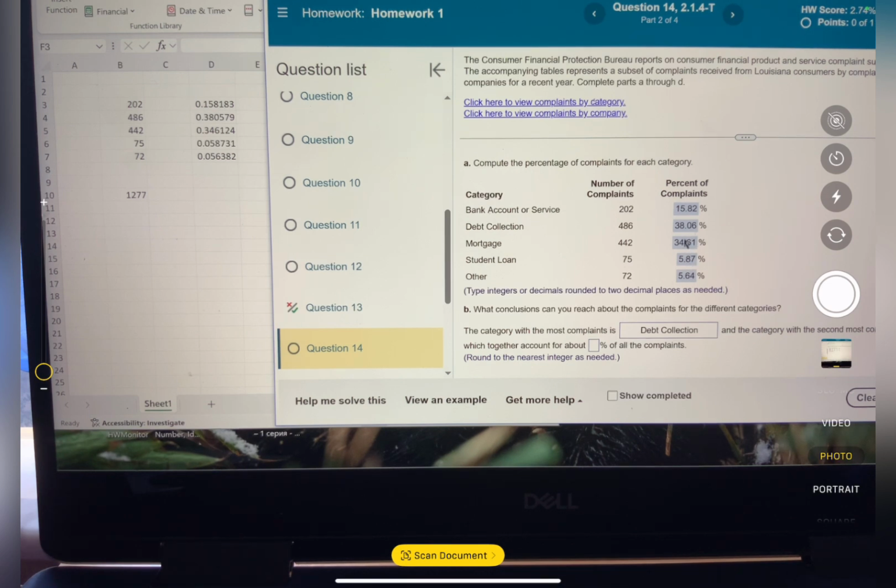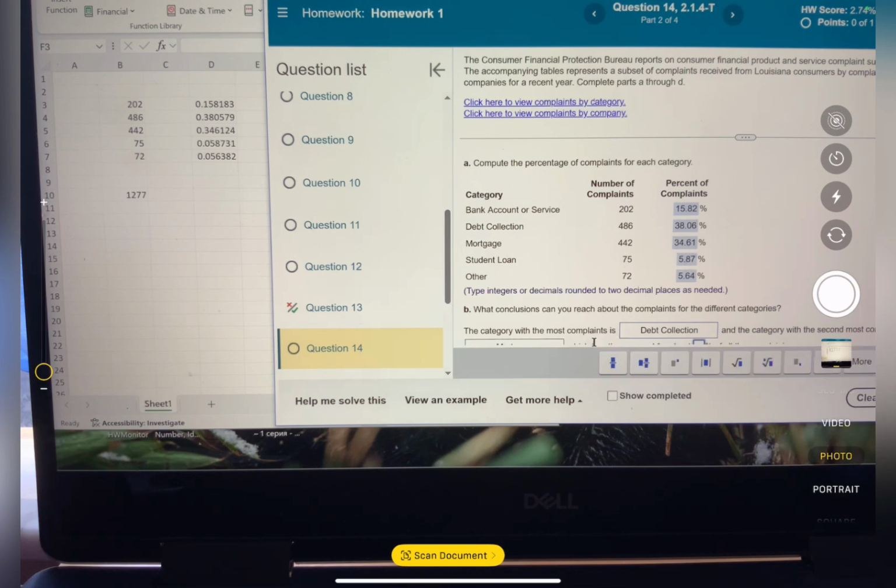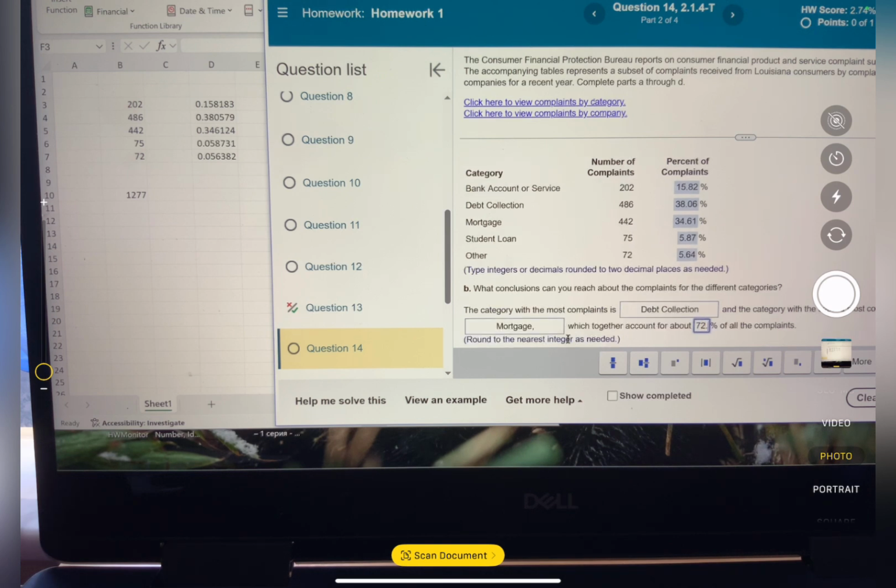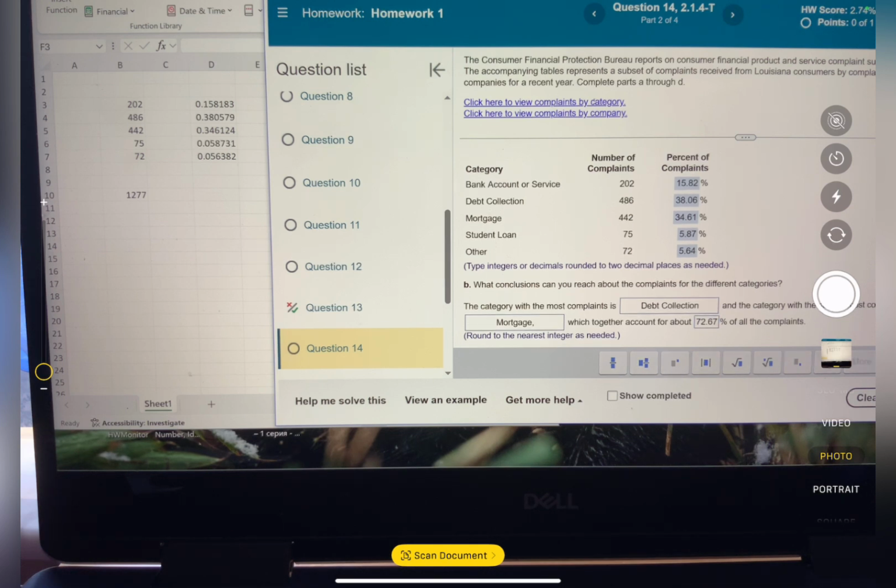Adding gives 72.67. Round to the nearest integer. Every time it's something new. So it's going to be 73. Got it.